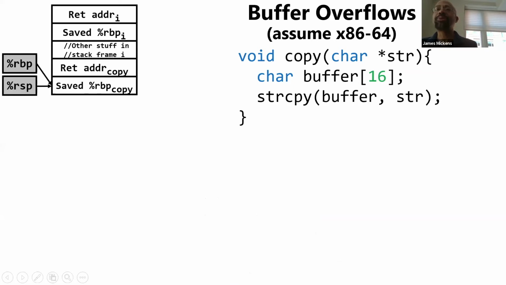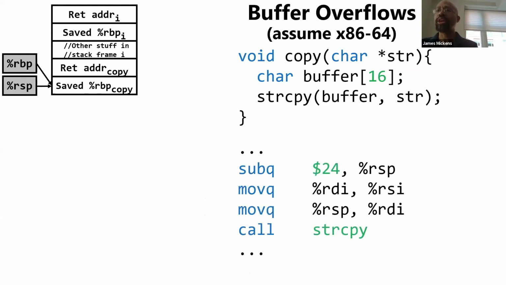Okay, so imagine we had the following setup over here. This is the stack setup that we'd see as the caller is in the process of creating a stack frame for the copy function, the callee. If we look at some code that we might see inside of copy at the beginning, we might see this sub instruction here.